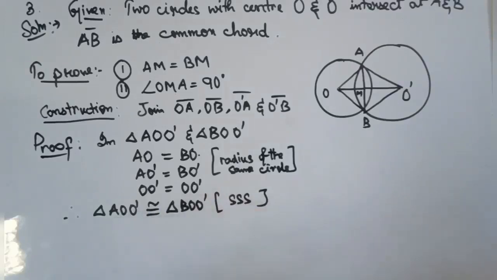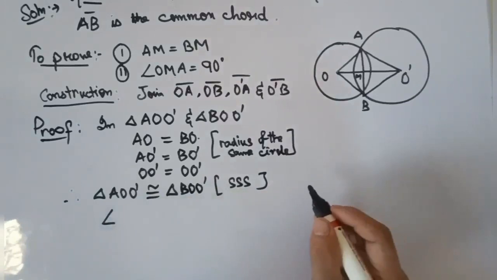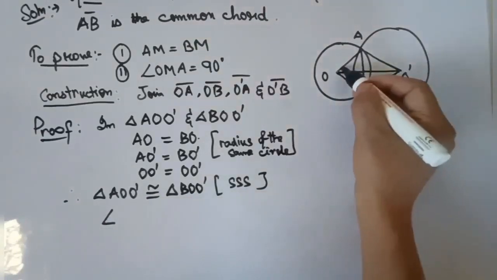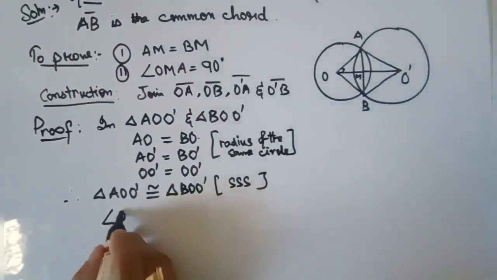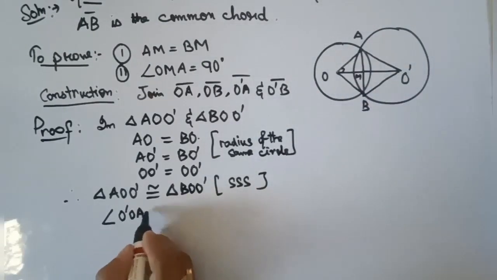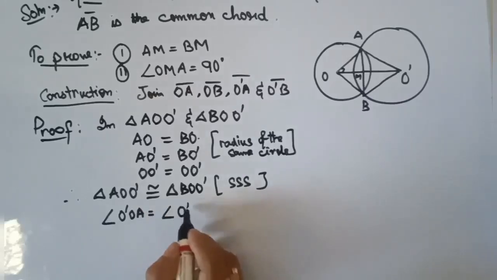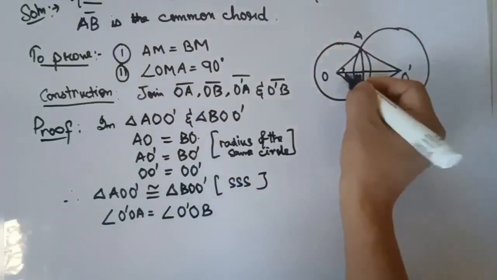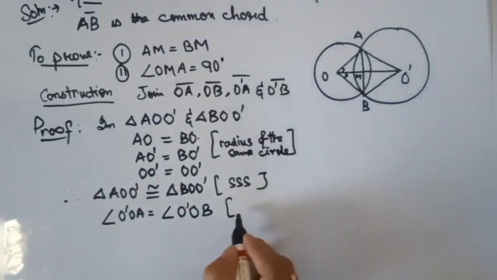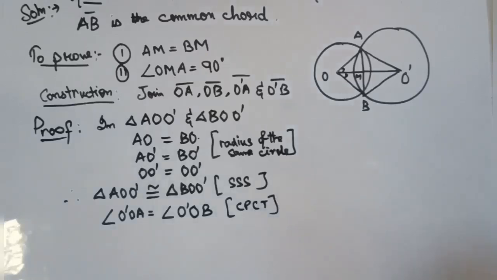If these two triangles are congruent, then angle O dash OA is equal to angle O dash OB. That is, these two angles are equal, by corresponding parts of congruent triangles.